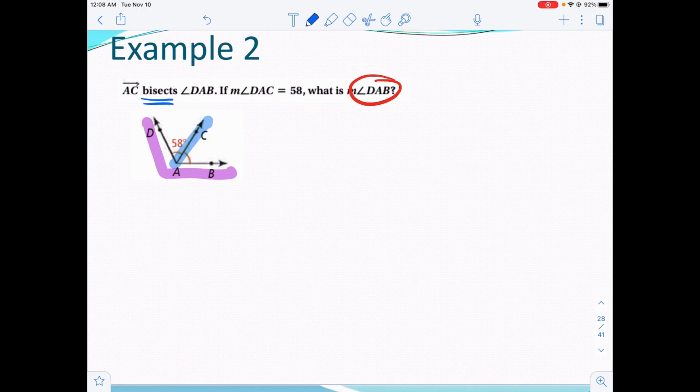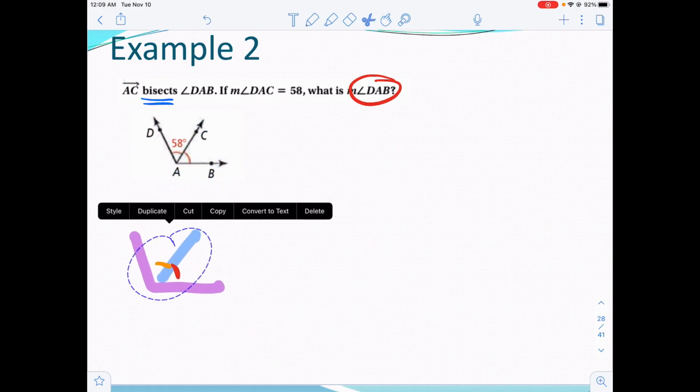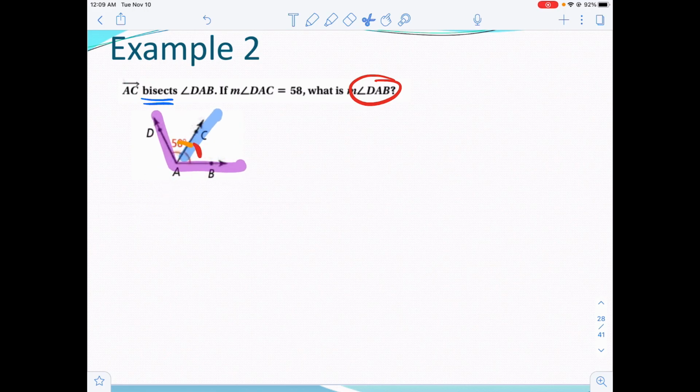It's cutting it in half. And so it's referring to these angles here, those angles there, they're congruent. You'll notice if I take all of this away, well, yeah, they have congruent markings. Those are there for a reason. So let's go ahead and talk about that.